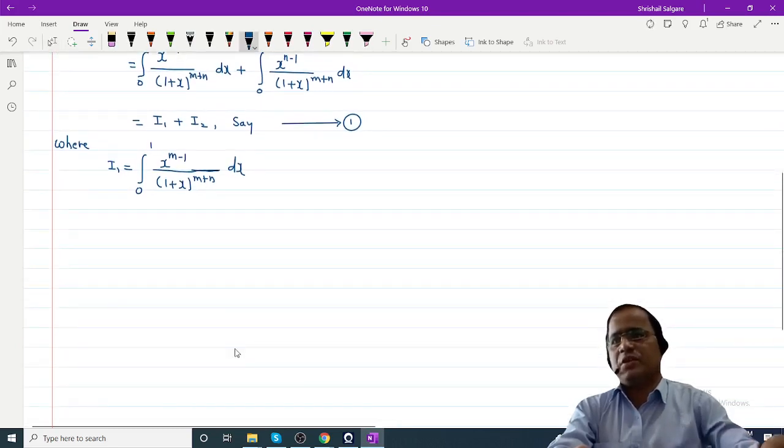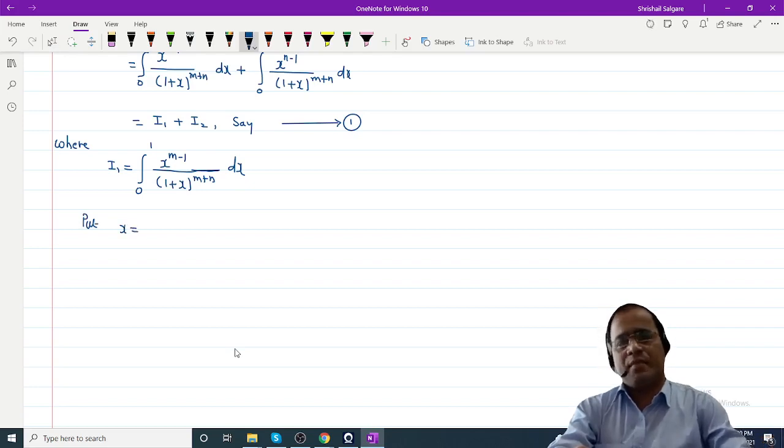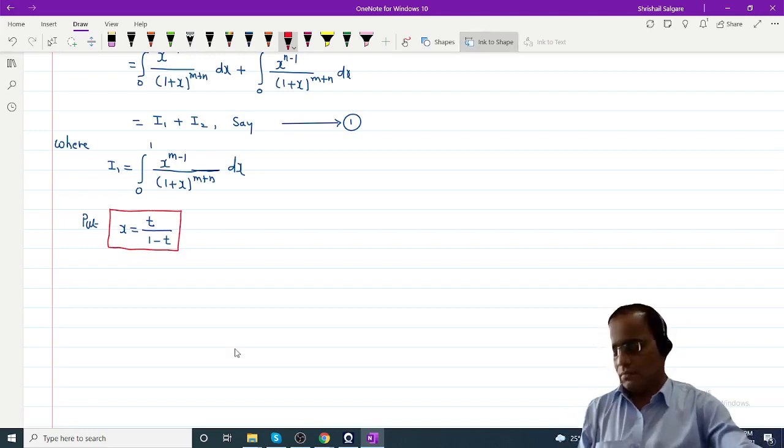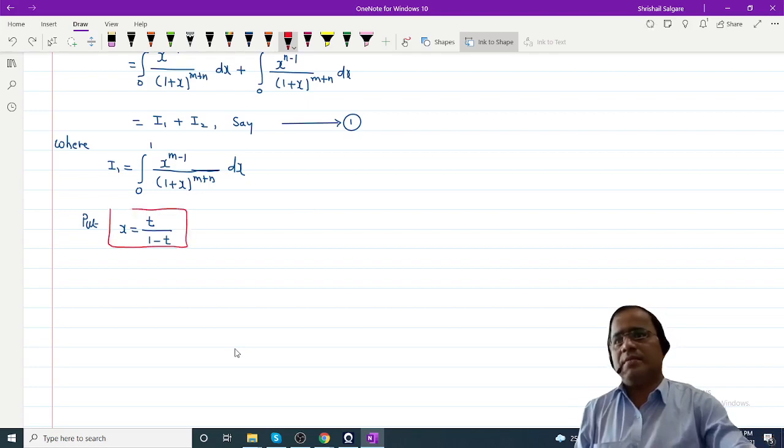That same thing we are going to use. Put x equal to t divided by 1 minus t. Remember, I am using the same substitution.